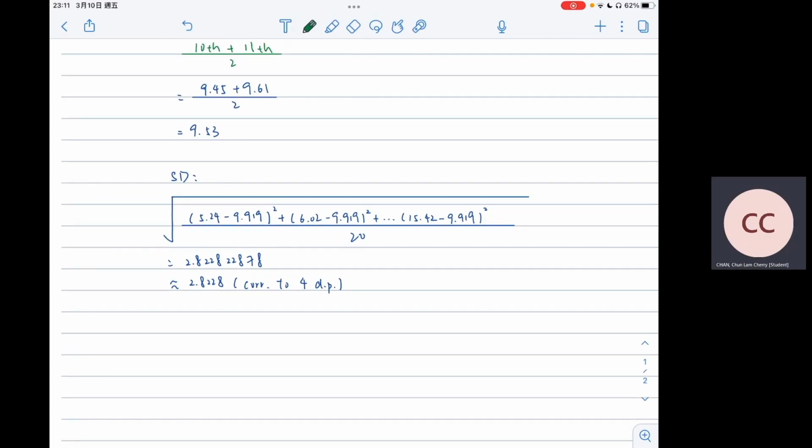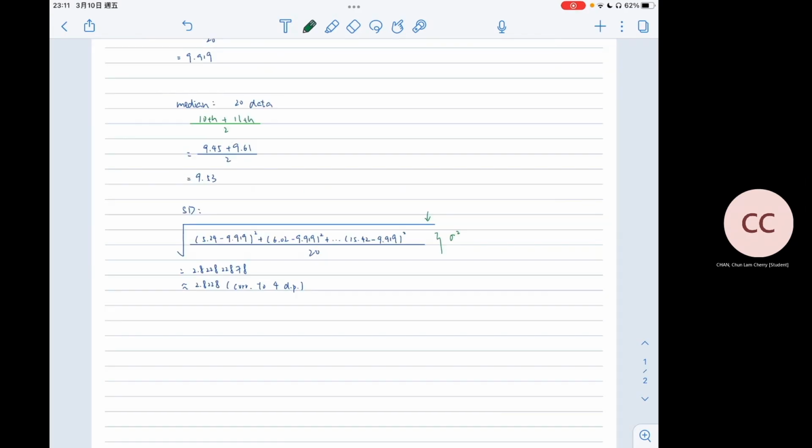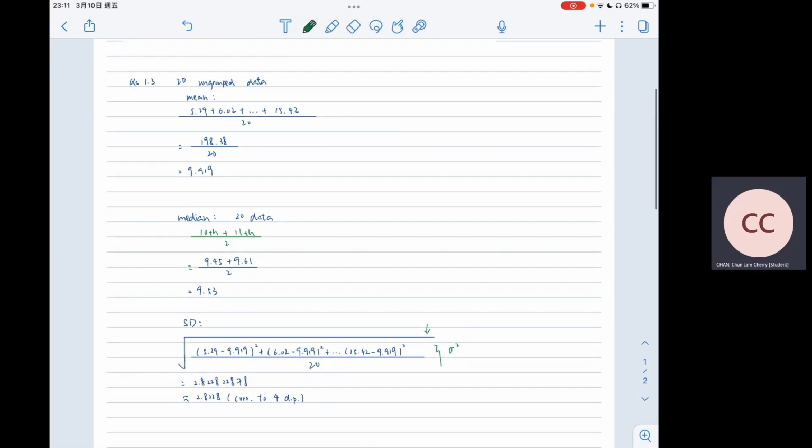We then divide it by 20. So this is the variance. In order to find the standard deviation, the last step is to take the square root. So we can finally get the answer, which is 2.8228, correct to 4 decimal places. So this is the explanation of question 1.3.